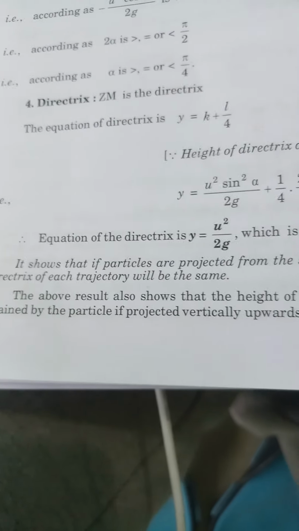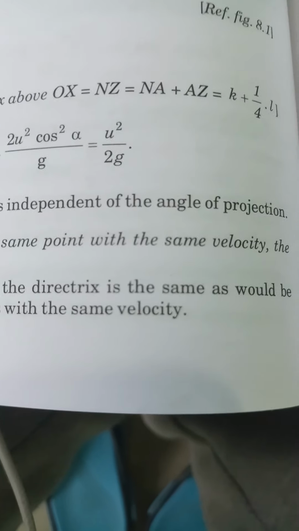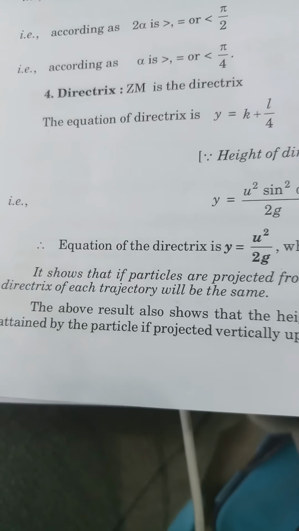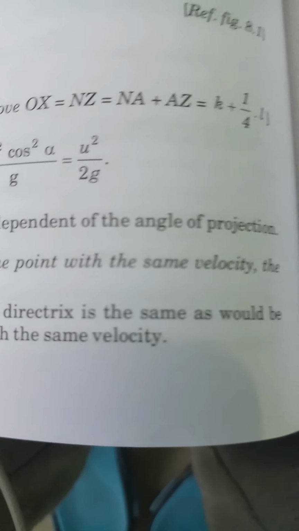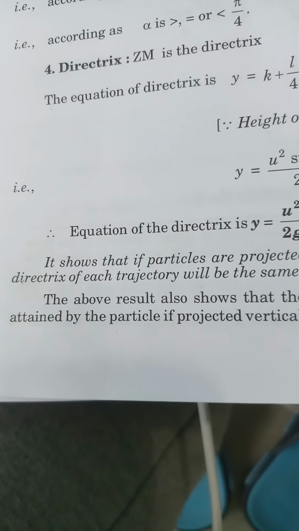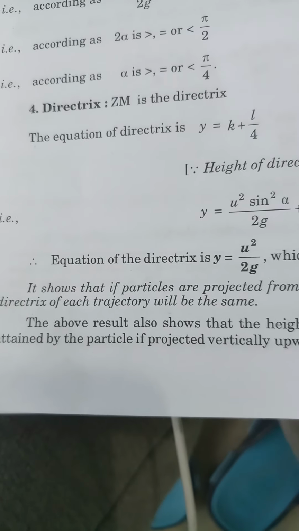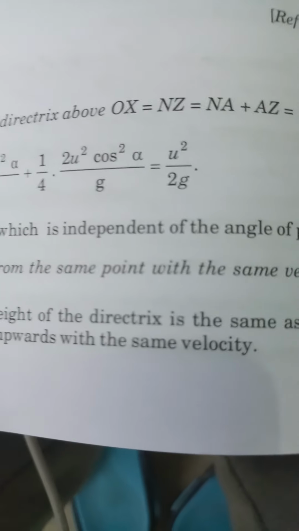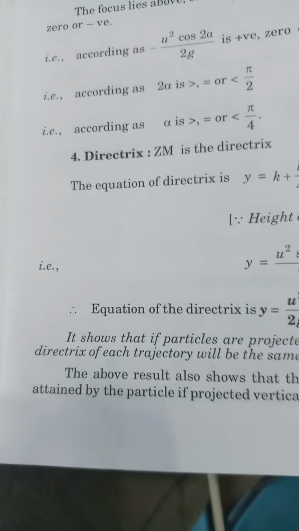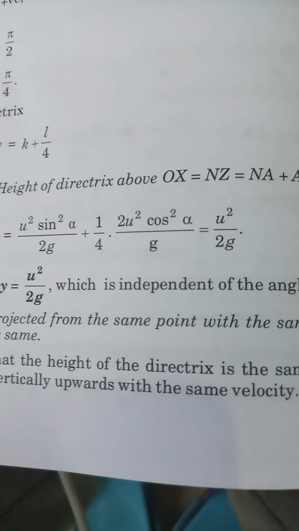It shows that if particles are projected from the same point with the same velocity, the directrix of each trajectory will be the same. The result also shows that the height of the directrix is the same as would be attained by the particle if projected vertically upwards with the same velocity.